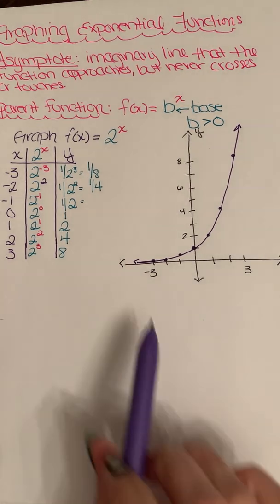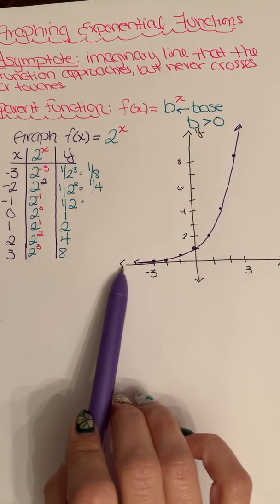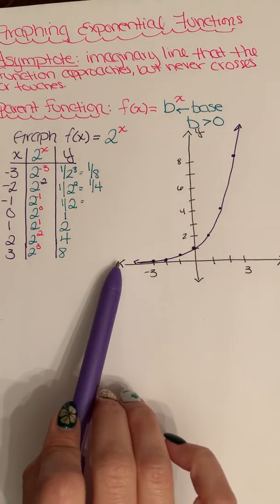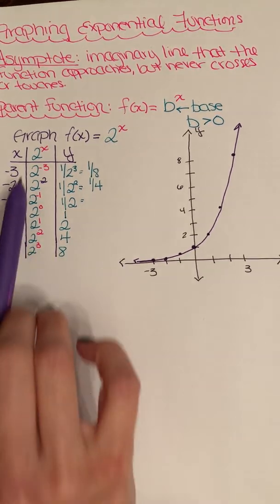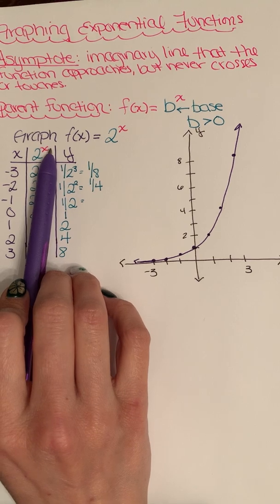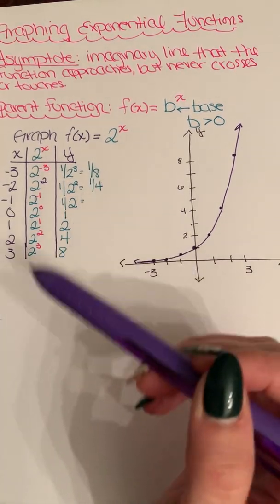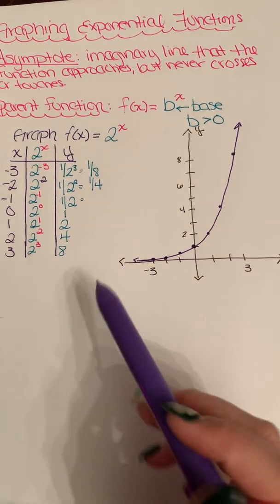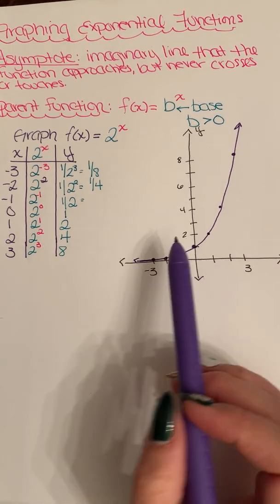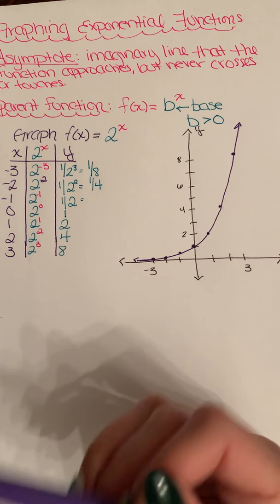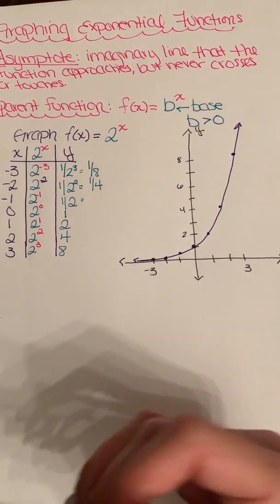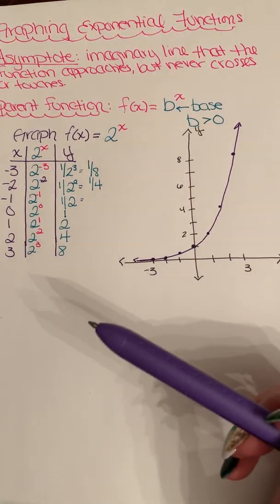And it doesn't matter how far into the negatives we get, right? So at -4, I would have 2 to the -4th, which would be 1 over 2 to the 4th, which is still a very, very small number. It's not 0. And then 2 to the -5th is 1 over 2 to the 5th, right? 2 to the -500th is 1 over 2 to the 500th.